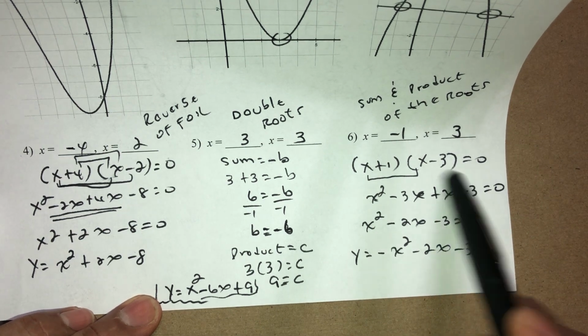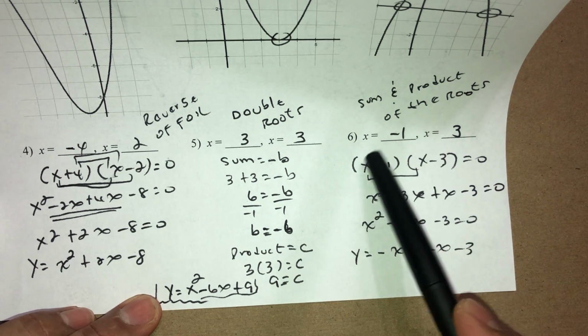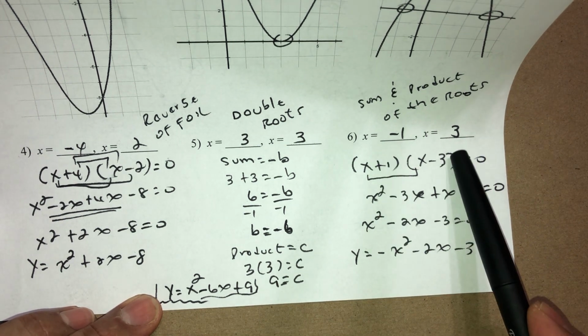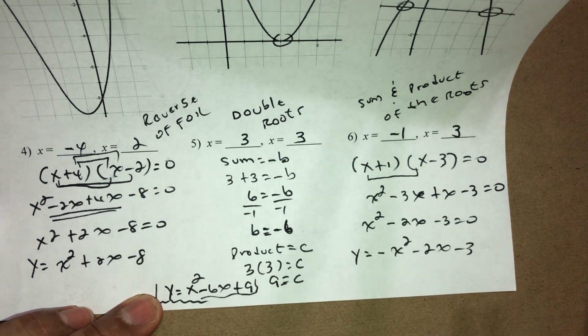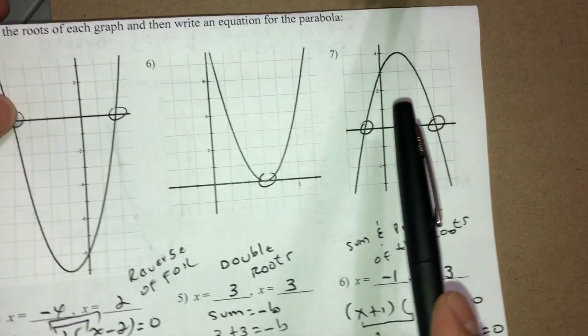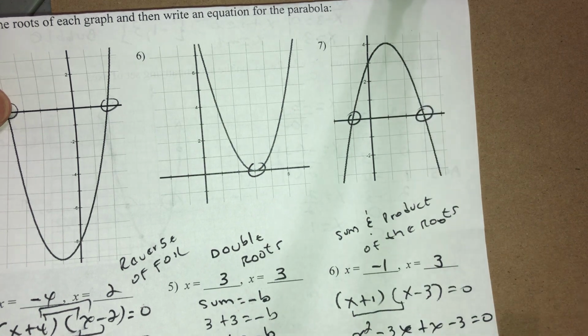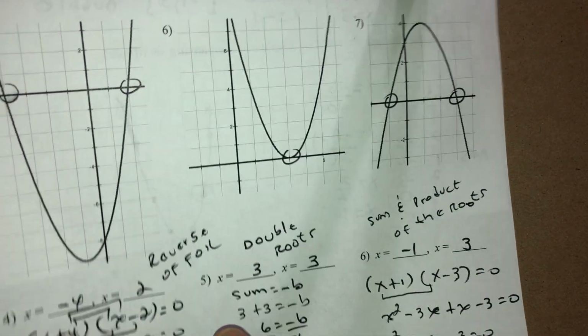Now if I give you the equation of a parabola whose roots are negative 1 and positive 3, and they don't give me the parabola, it could be either a happy face or a sad face. But in this case, because I'm working with that parabola, I can tell it's negative because it has to open downward. So let's go back to the last one and we'll finish.